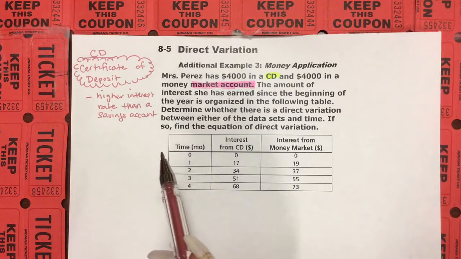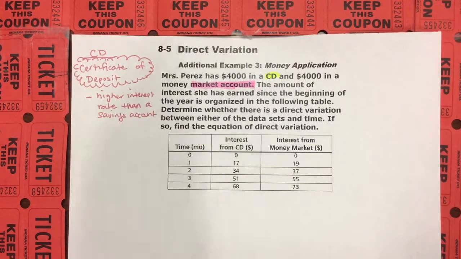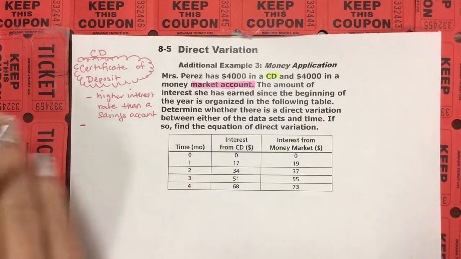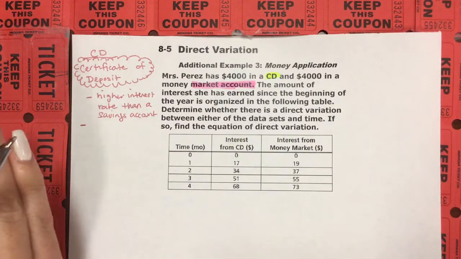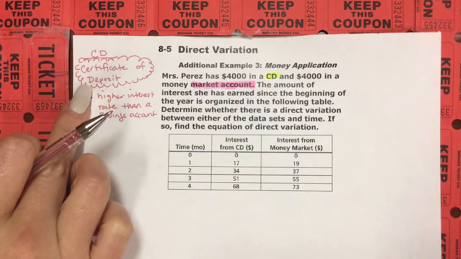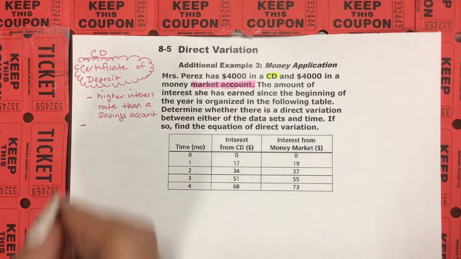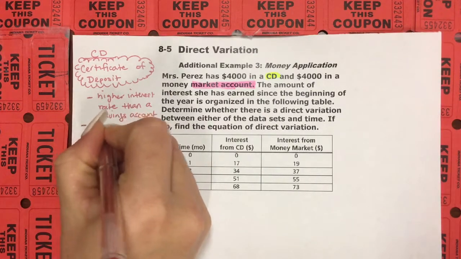You can earn more money for your money, but it kind of comes at a cost. If you invest your money into a certificate of deposit, or a CD, you have to do it for a particular amount of time, and that is called a term.